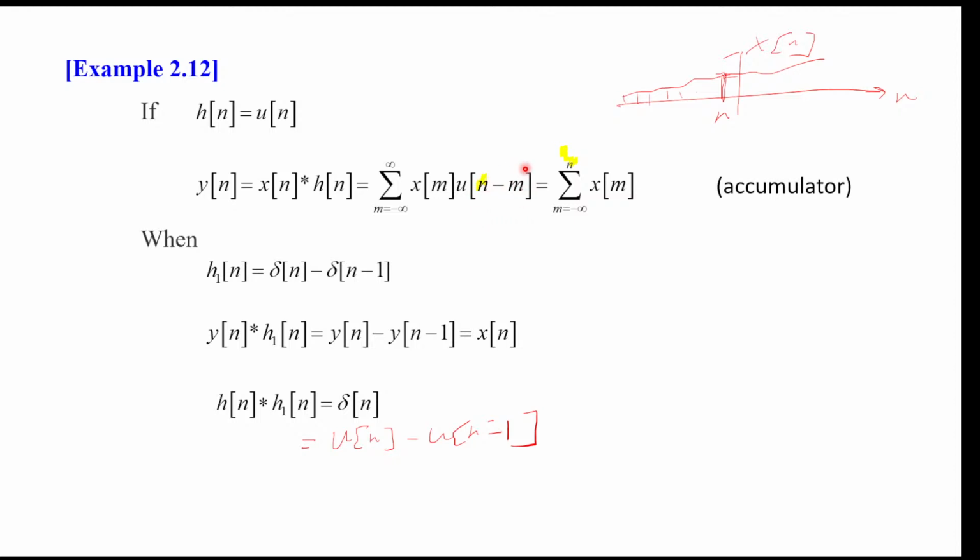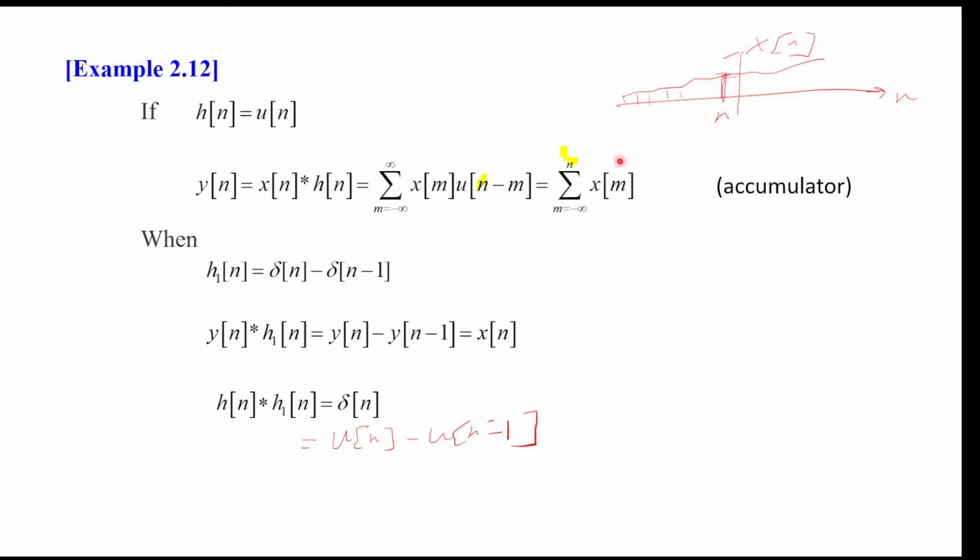Then you think about how this u of n minus m looks. You see that it's non-zero only when m is less than or equal to n. So the summation is basically capped, from minus infinity to n.